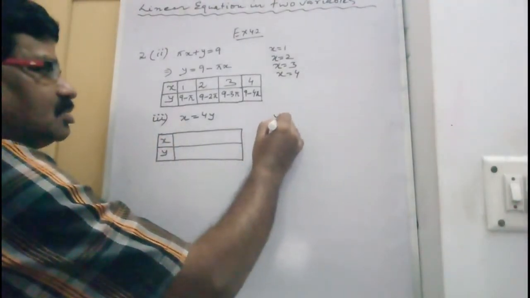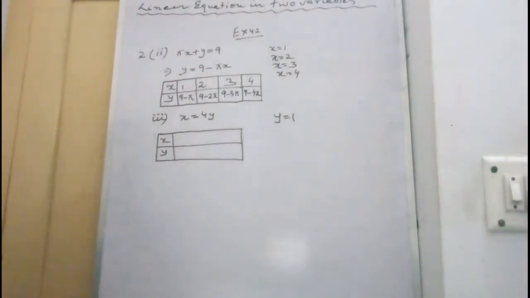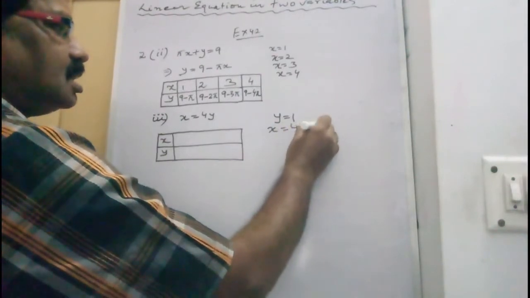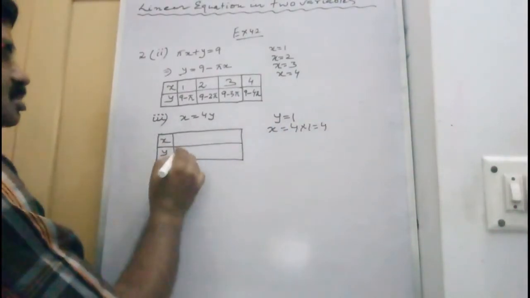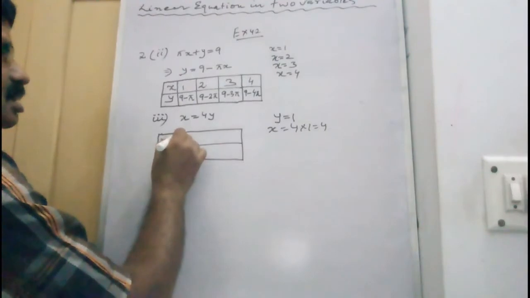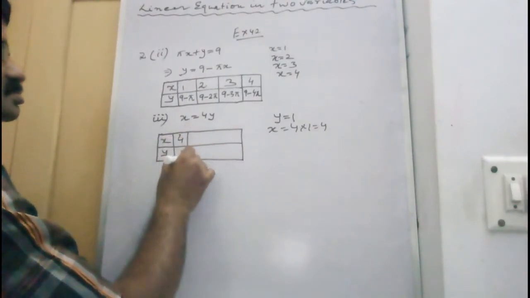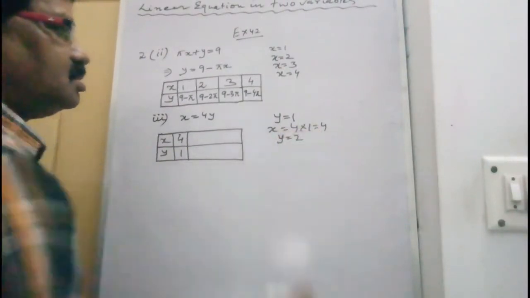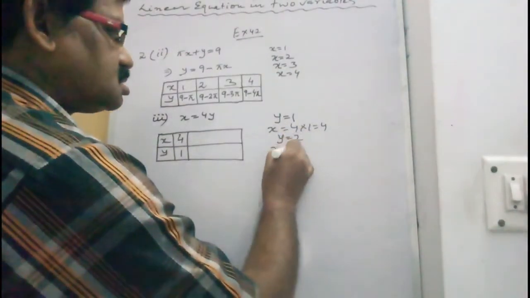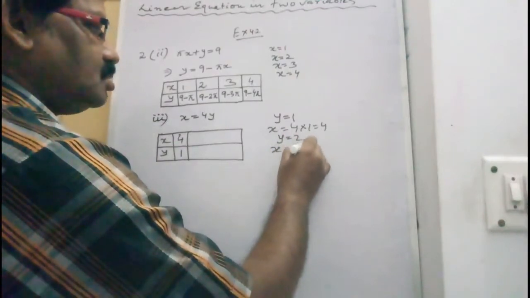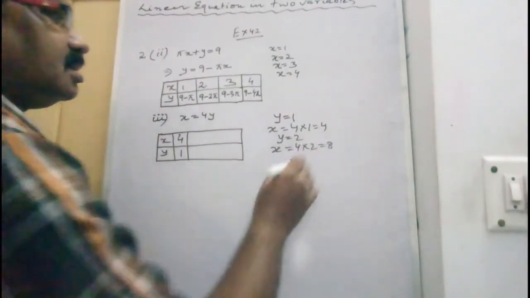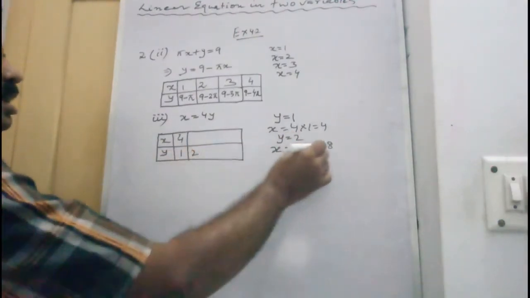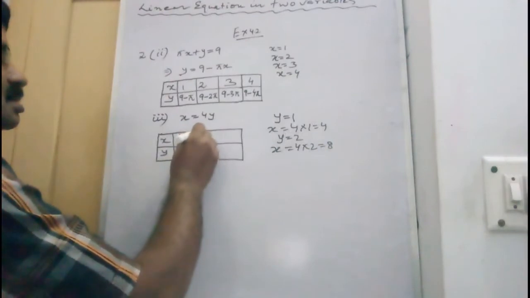So first you take y equal to 1. Now put here x equal to 4 into 1, that is equal to 4. So when y is 1, x is 4. Next, y equal to 2. So x equal to 4 into 2, that is 8. So when y is 2, x is 8.